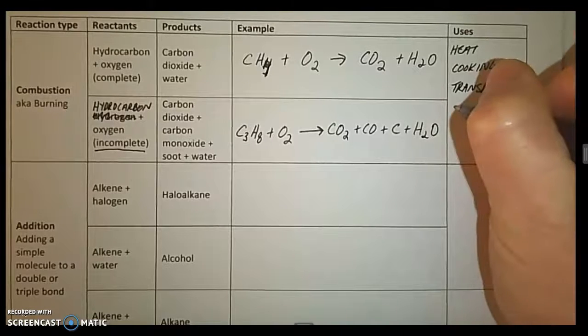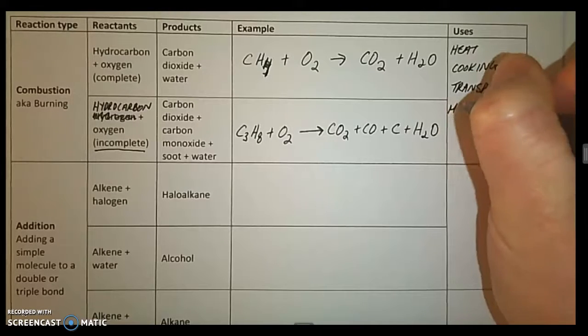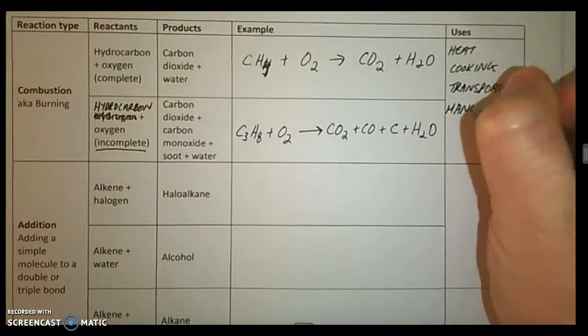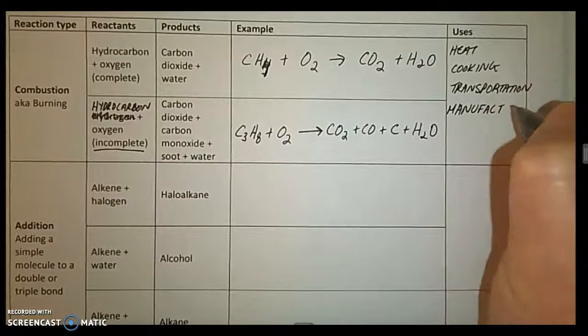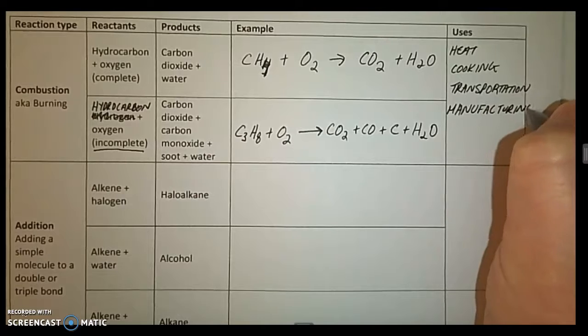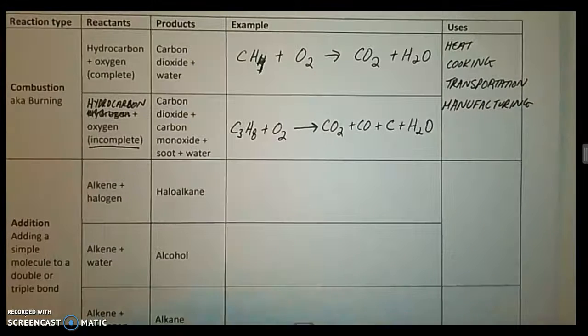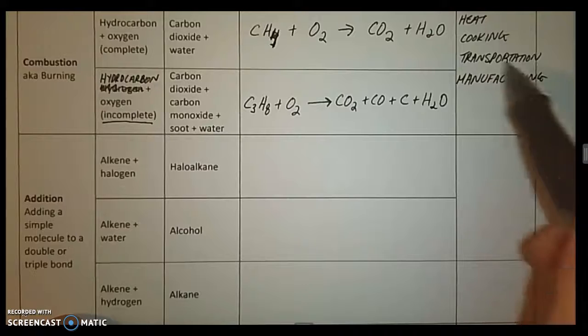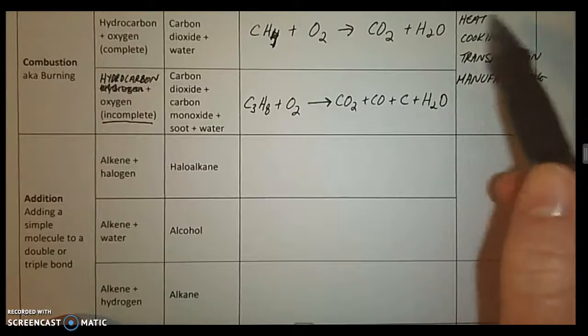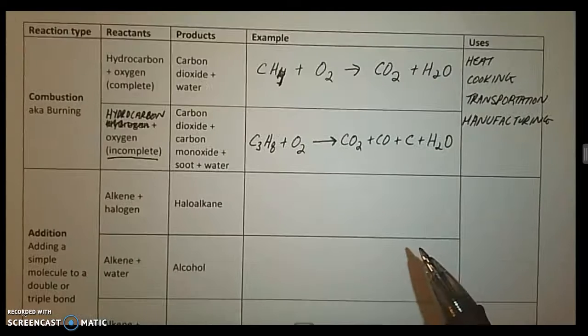Okay, it's used in manufacturing, right? Often you need to burn things or you need to generate a lot of heat in order to melt things, or I guess melting is probably a big one, or just to get reactions going. So combustion reactions are very important both industrially and in our own personal lives.